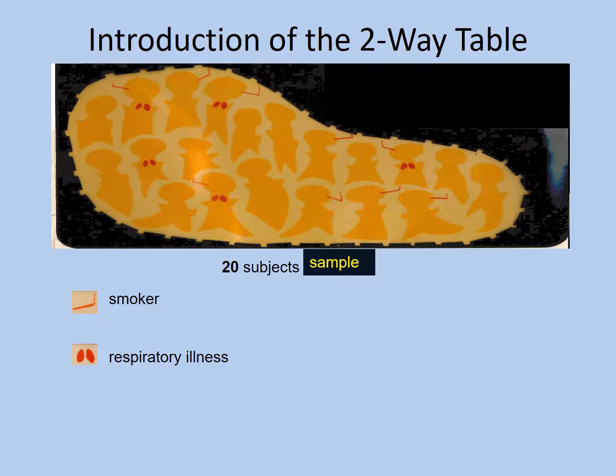By way of introduction, consider this strange-looking figure shown here that describes a sample of 20 persons who have been interviewed about their smoking history and who have been examined for possible respiratory illness.